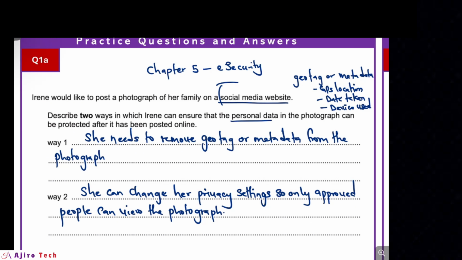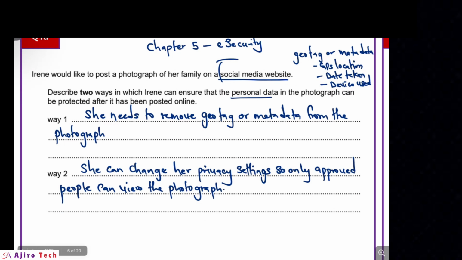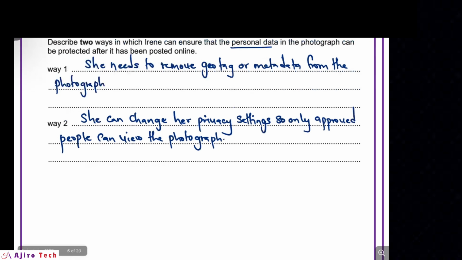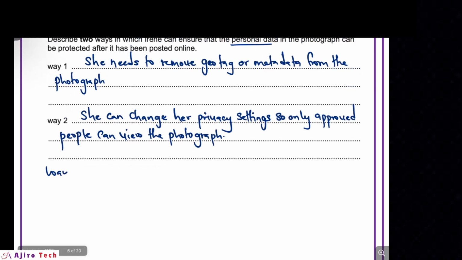So Irene can restrict access to friends only. She can also make her account private. That's another way.